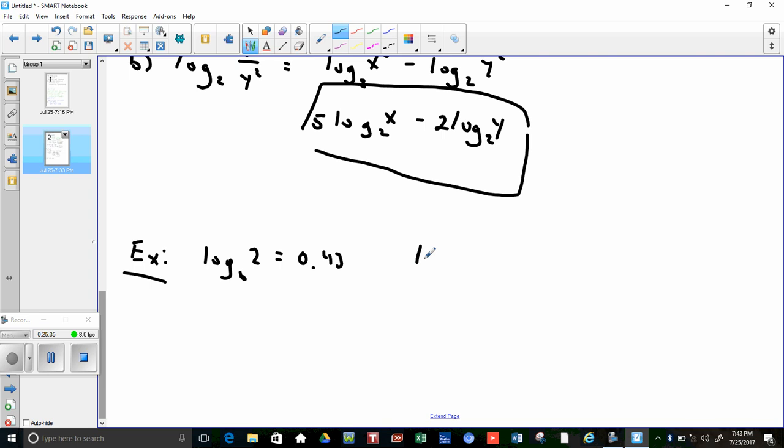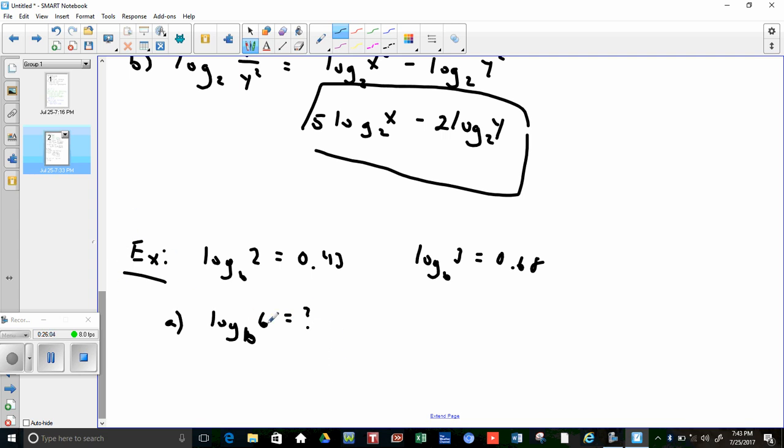And we're also told that the log of 3 with the same base is a value 0.68. Let's say we wanted to find out what the log of 6 base b equals.